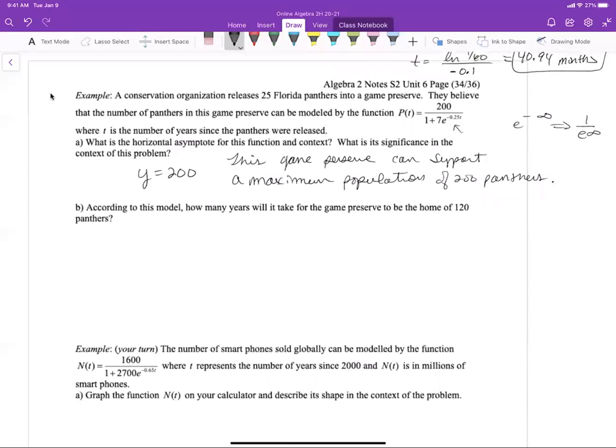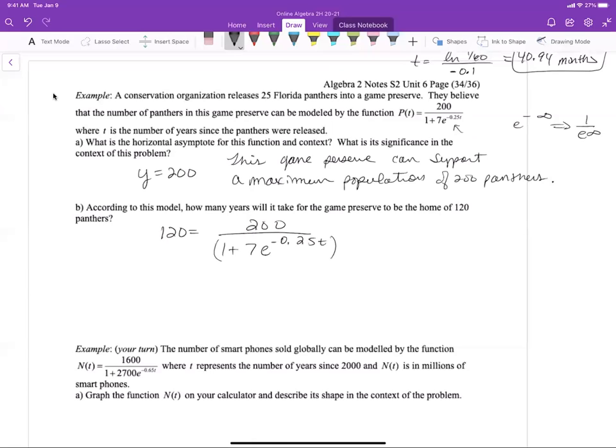According to this model, how many years will it take for the game preserve to be home to 120 panthers? Okay, so now I have 120 has to equal 200 divided by 1 plus 7 times e to the minus 0.25 times t. They want to know how many years, and t was the number of years, so we have to find t. How do I get rid of this fraction?